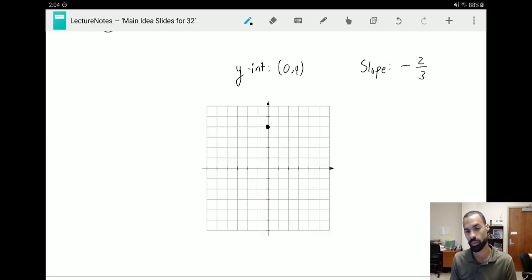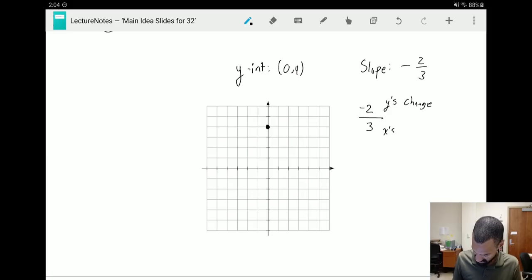Now, depending on where you put that negative, you can figure out your next point. Let's go with the most natural reading of that, negative 2/3. Remember where those numbers come from if you use the slope formula. The top number represents how much y changes. The bottom number represents how much x is changing. So this is y's change on top.